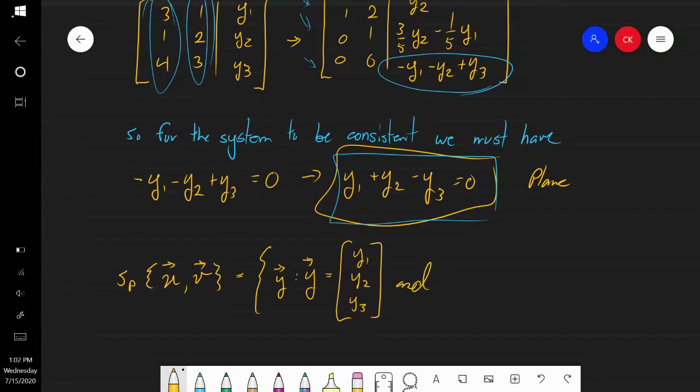And we have the following condition that y1 plus y2 minus y3 equals 0. And that's how we describe the span of those two vectors. So maybe practice that one and see if you can do that work on your own to determine the span of a couple of vectors.